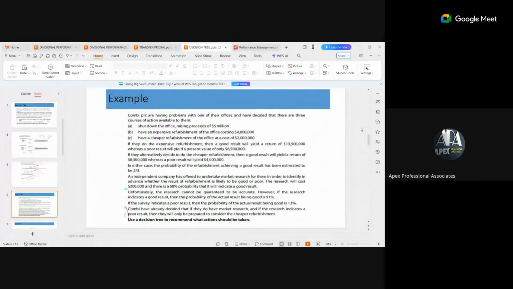In cheap, when it is good, it is 2/3. And also when it is bad, in both scenarios, it is 1/3. Let's take note of that. So an independent company, this is also associated with the first decision. So we have 4 courses of action there.